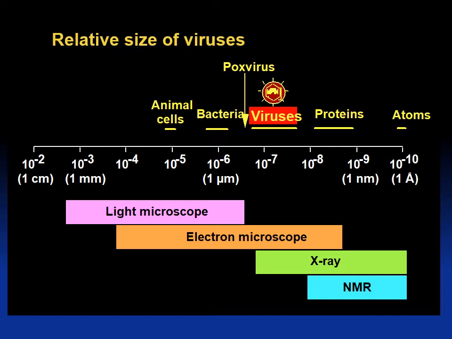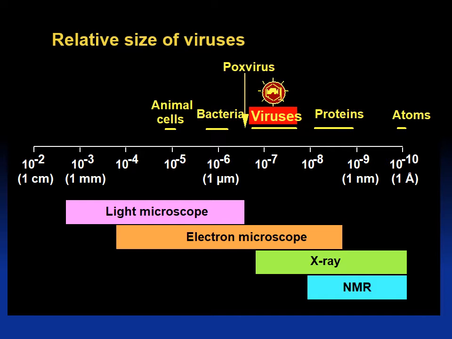It starts with 1 centimeter and it goes up to 1 angstrom. And on top of this ruler, there are the different agents which we wanted to demonstrate, to show their relative size on this ruler.